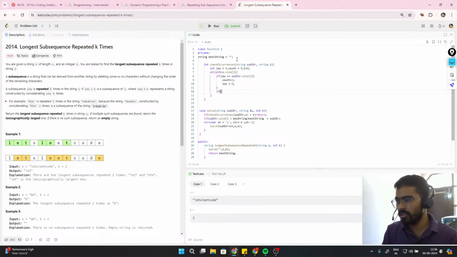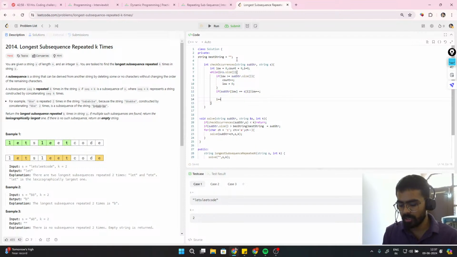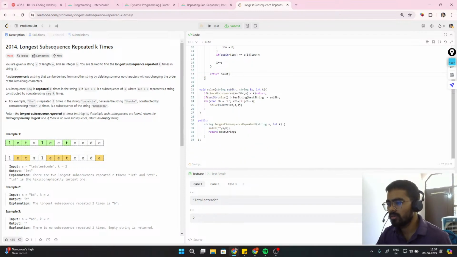Now here the condition will be, if substr of low is equal to s of i, if they both are matching, then my low will be increased. If not, then only my i will be increased. Now I will be returning my count.